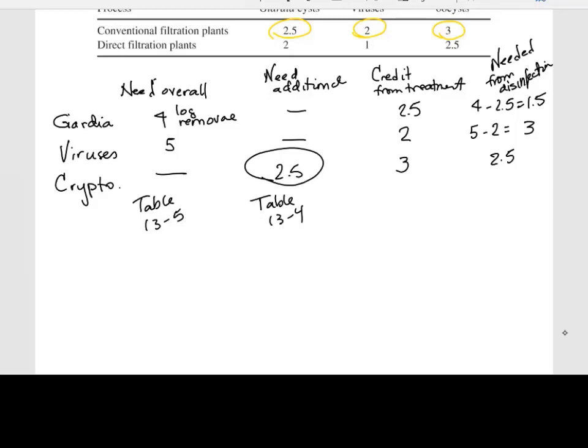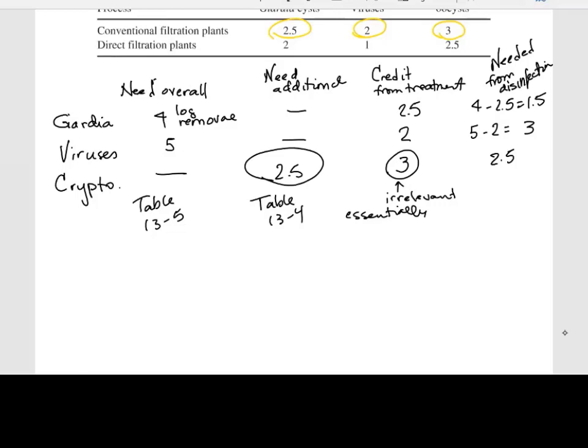So that 2.5 is an additional beyond what you get for the actual credit from treatment. So that's why we essentially ignore that number, because we need that additional credit.